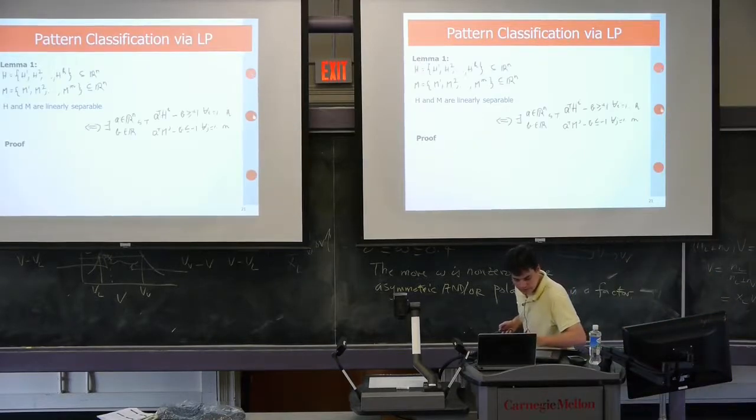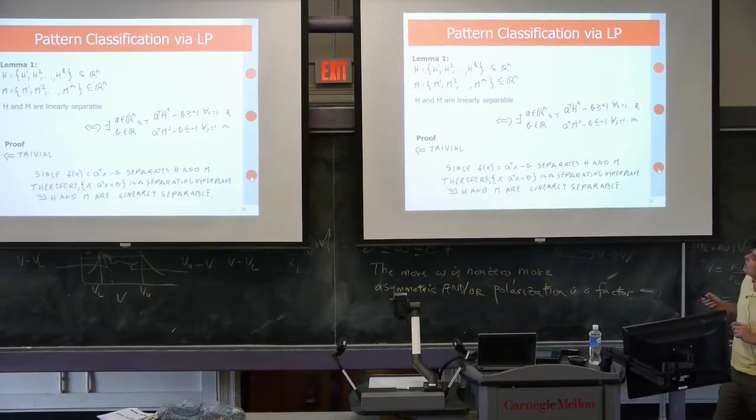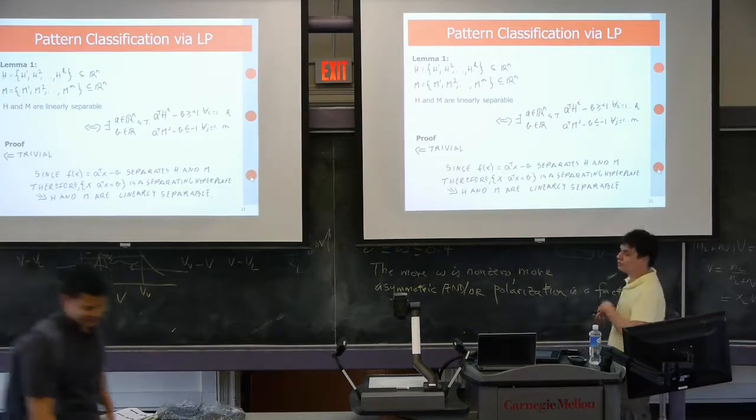And then we had this lemma that H and M are linearly separable if and only if there exists an n-dimensional vector A and a real number B, such that A transpose H minus B is always bigger or equal than 1, and A transpose M minus B is always less than minus 1. And we proved this lemma.